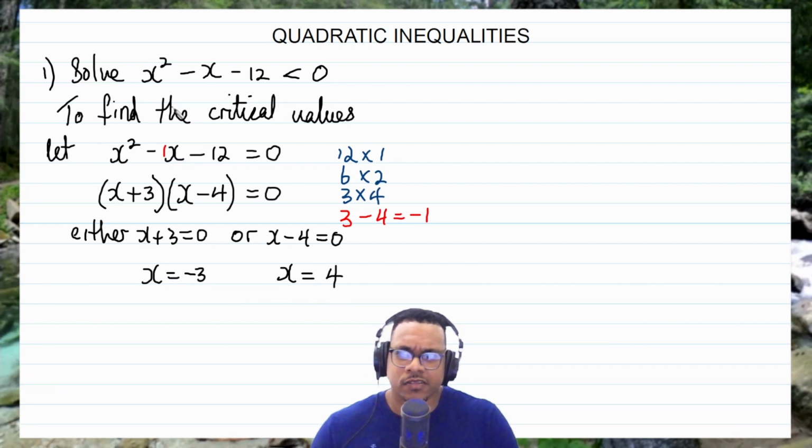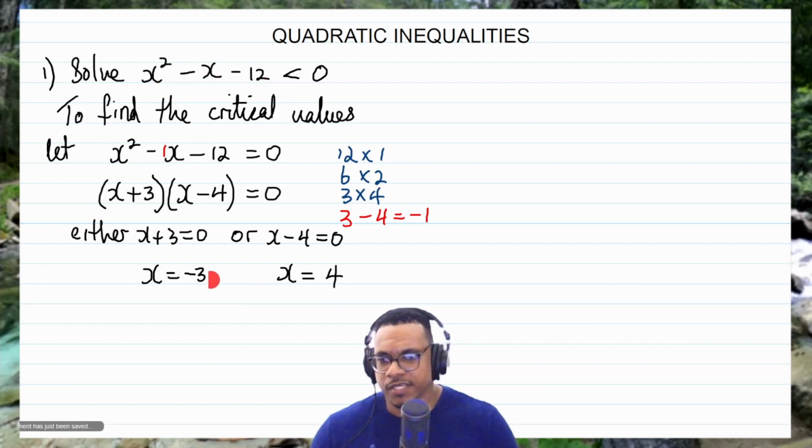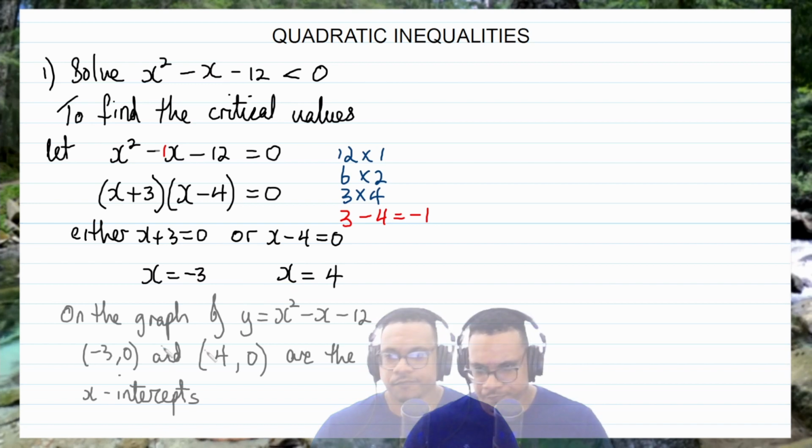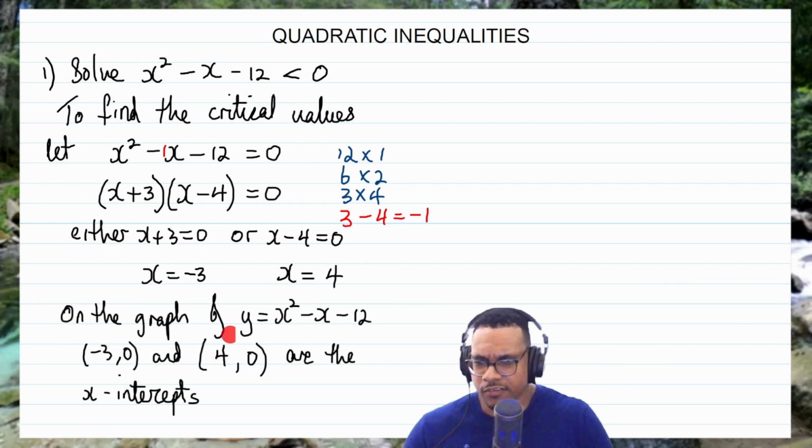And if I were to plot the graph of y is equal to x squared take away x take away 12, these would be the x-intercepts on the graph. So I have on the graph the coordinate negative 3, 0, and that negative 3 comes from here, and the coordinate 4, 0, and this 4 comes from here, are the x-intercepts.